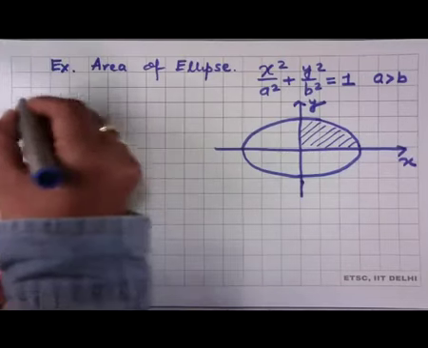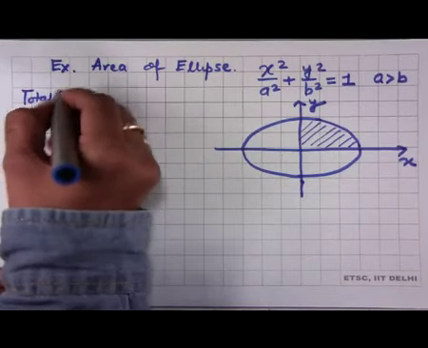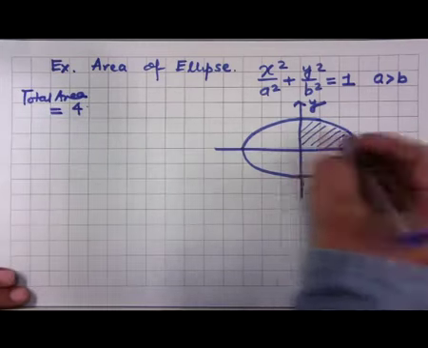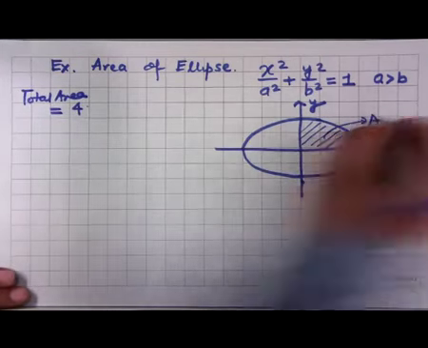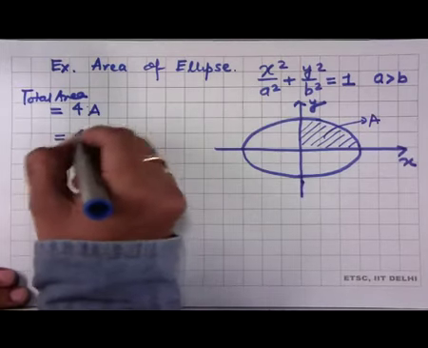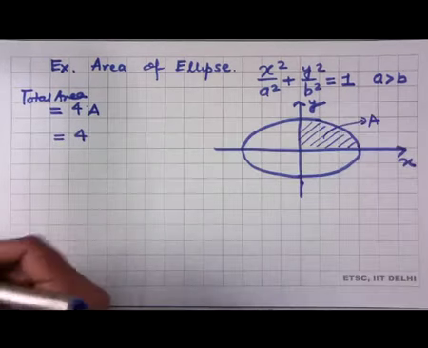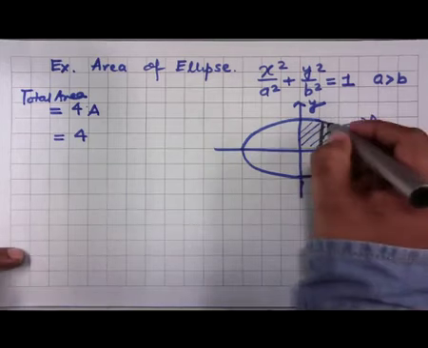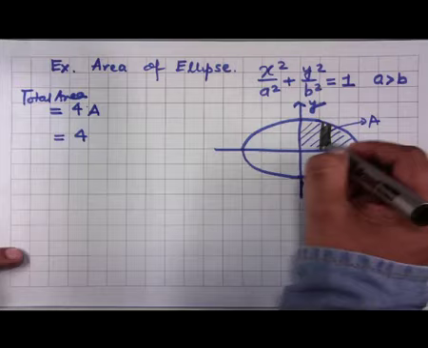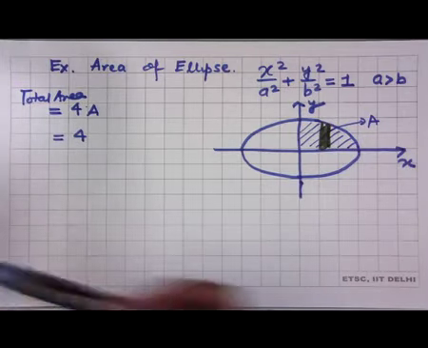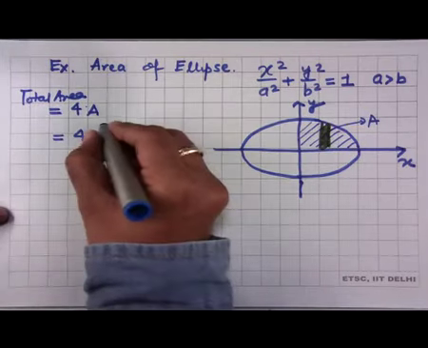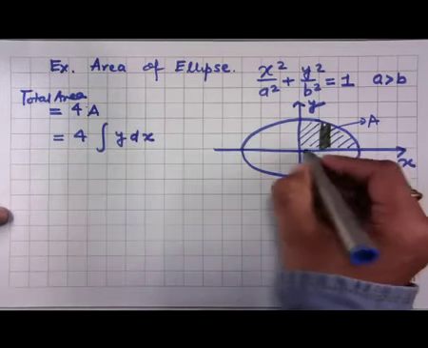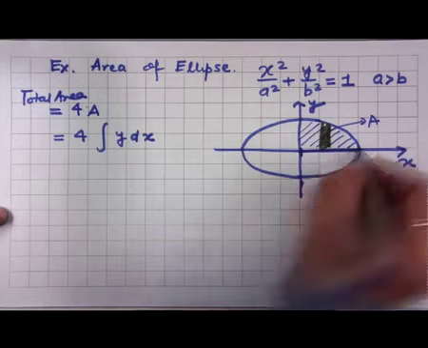So, total area is 4 times this area A, and this area A, if you use vertical strip, will again be given by y dx, where x will take values from here to here.